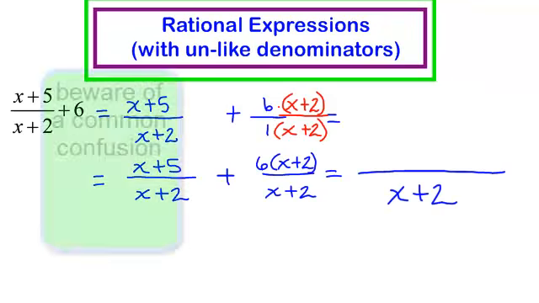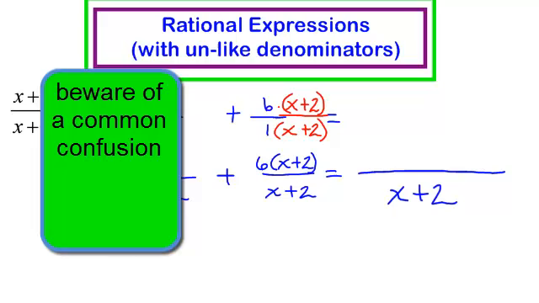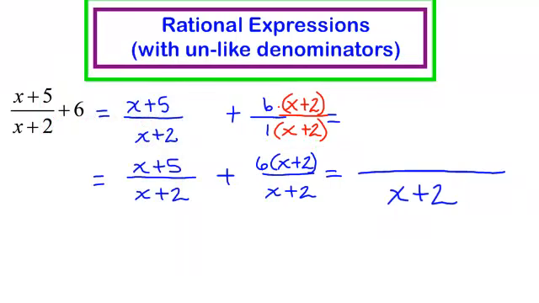Okay, let me warn you about something. Many students skip here and they have a brain freeze and they think, oh, I should cancel these x plus 2's. Well, hello. Why did we make it x plus 2 in the first place? We made it bigger on purpose so we would have like denominators. So don't go backwards now and cancel them out and you're just right back to where you started.